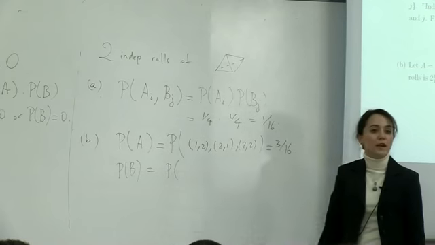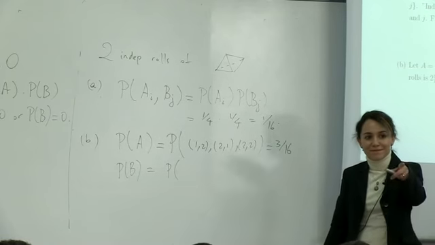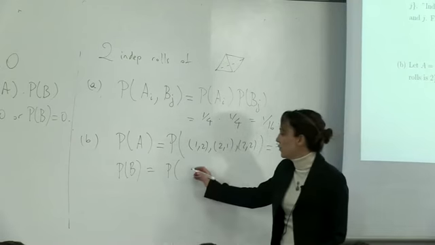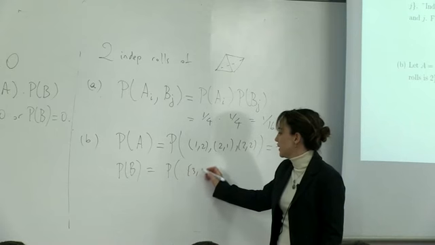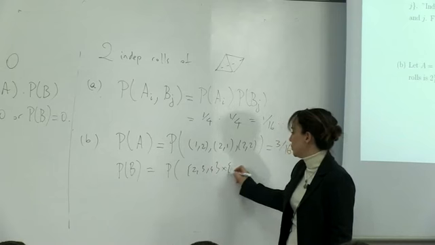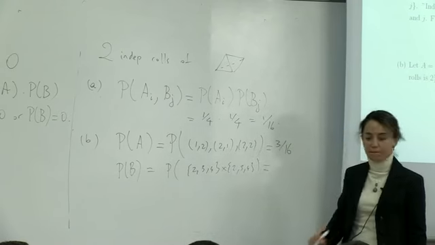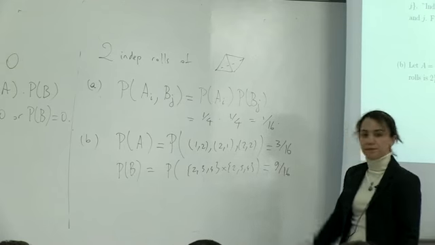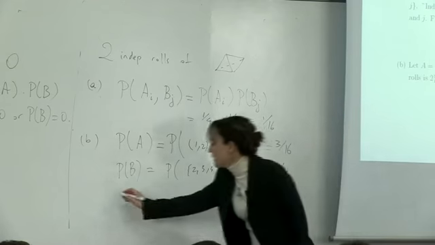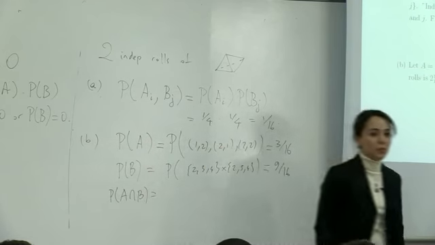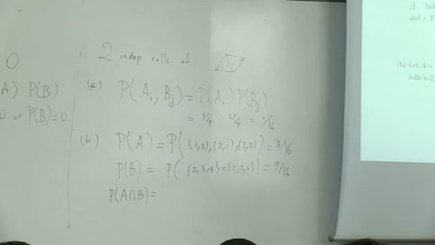Now, how many outcomes are there? The minimum is 2, so we're looking for all ordered pairs in 2, 3, 4 cross 2, 3, 4. How many are there? 9 of them, so 9 over 16. What is the probability of A intersection B? The minimum is 2 and the maximum is 2. There's only one outcome in that.